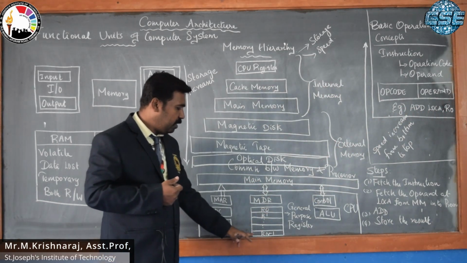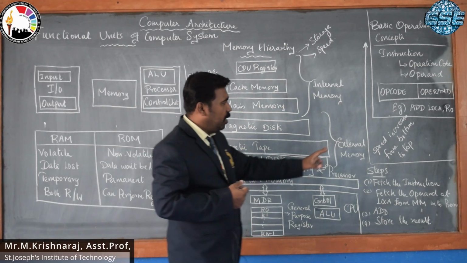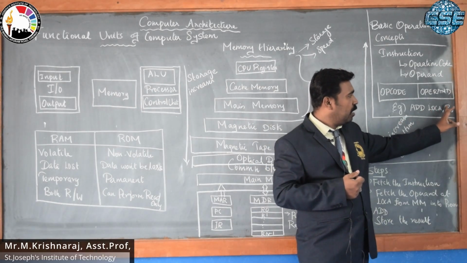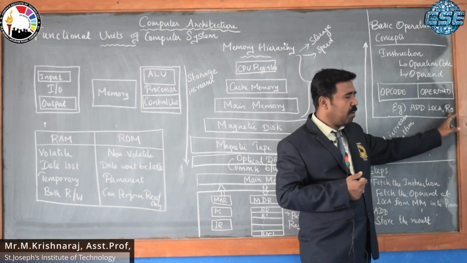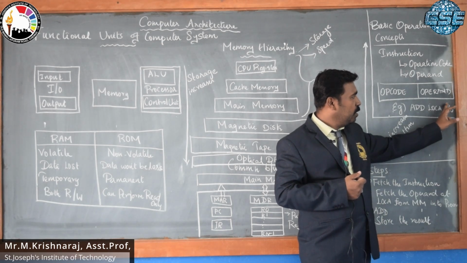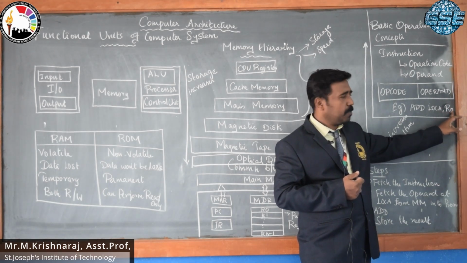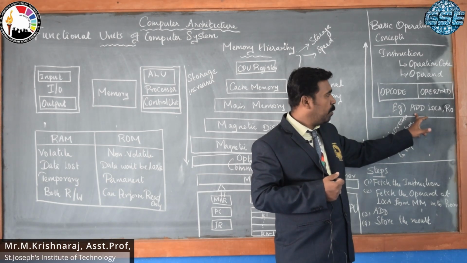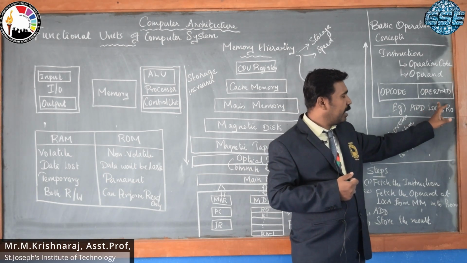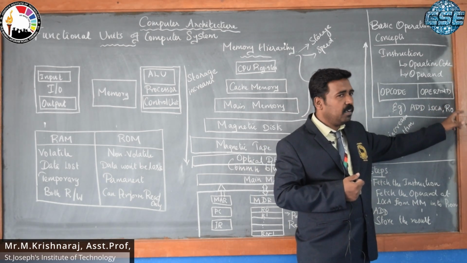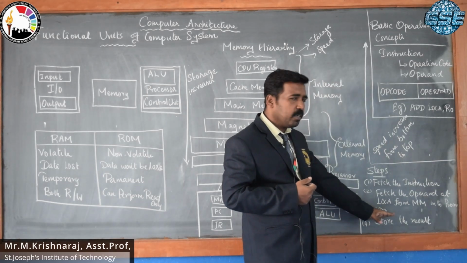Some value is available in R0, and the location value will be added with R0. So, you get one addition value.